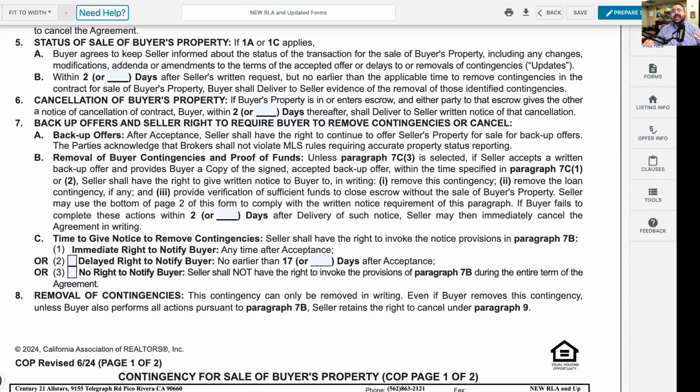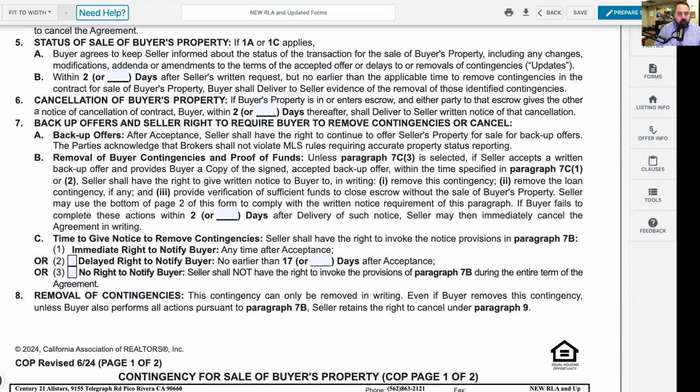And that's the thing, sometimes I get questions from agents where they did a COP without me having a look at the COP, right? I don't get to see it. They just call me or they walk up to my desk and they'll say, we sent a COP and now the seller may want to cancel or whatever. Will they have the option to? And I always say, well, it depends on how you filled out the COP.